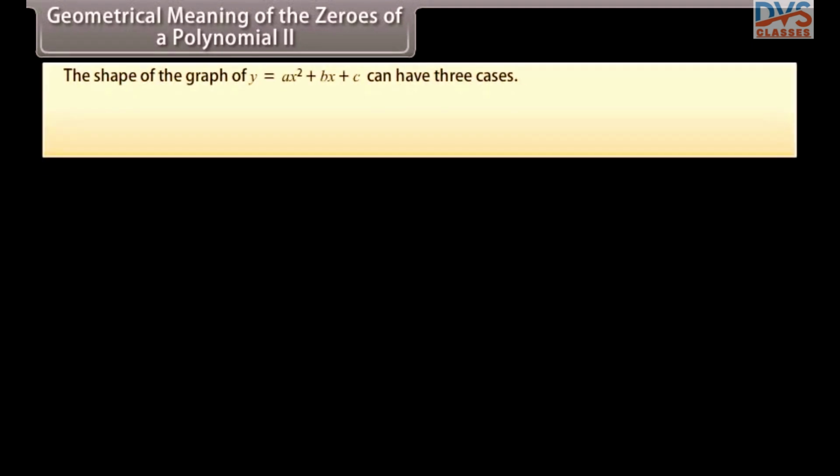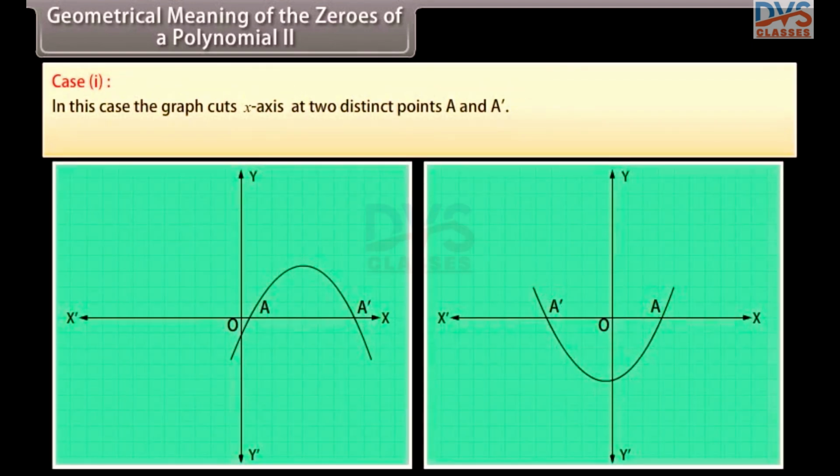Geometrical meaning of the zeros of a polynomial 2. The shape of the graph of y is equal to ax square plus bx plus c can have 3 cases. Let's discuss them one by one. Case 1. In this case, the graph cuts x-axis at 2 distinct points A and A bar.